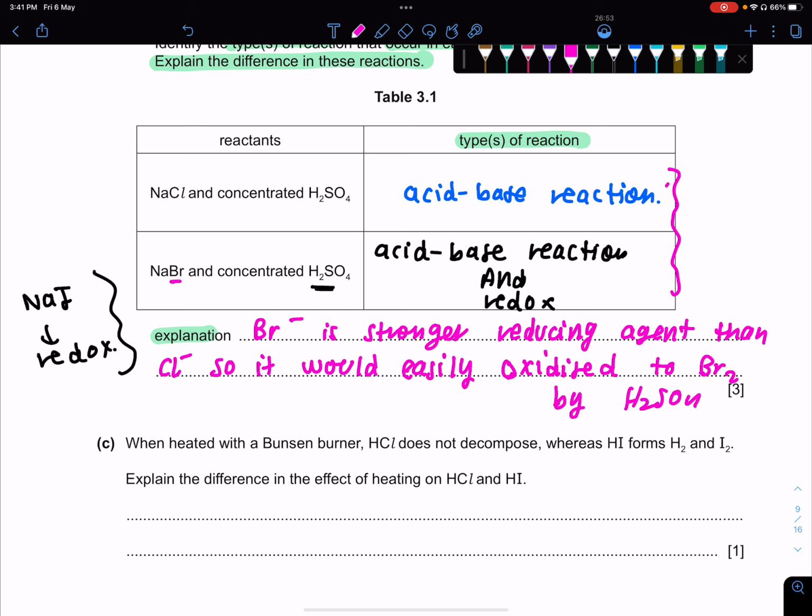Cl minus cannot be oxidized by H2SO4, but Br minus can be oxidized by H2SO4 to form Br2. And this reducing agent itself gets oxidized, right?